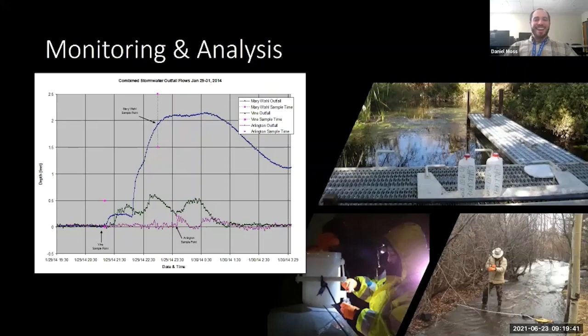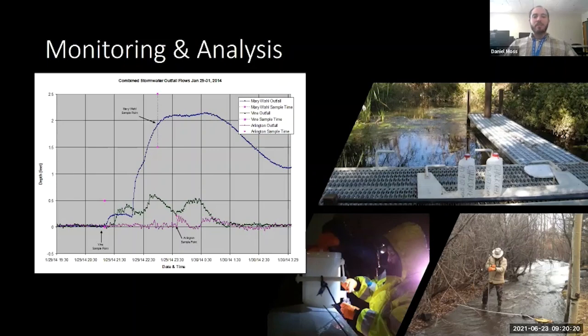Finally, I keep forgetting, there's always one more slide. Monitoring analysis. This is a big part of what we do. We have a couple of great companies working for us. We have partnerships with USGS, but also Balance Hydraulics out of Truckee will come down and do monitoring during major storm events, minor storm events, and also background monitoring on the chemicals and pollution that we observe in our water quality, in our storm drain systems.